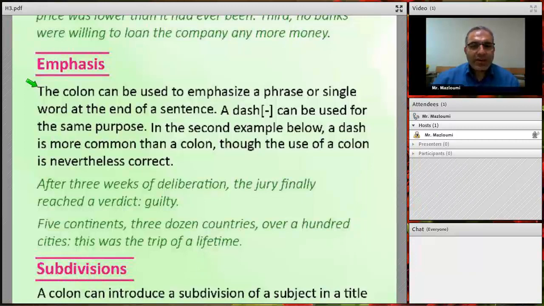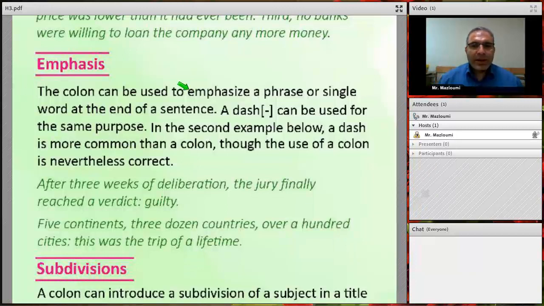A dash can be used for the same purpose. In the second example below, a dash is more common than a colon, though the use of a colon is nevertheless correct. So, the colon can be used to emphasize, to show the importance, to stress a phrase or single word at the end of a sentence.